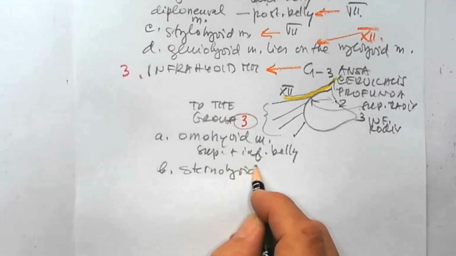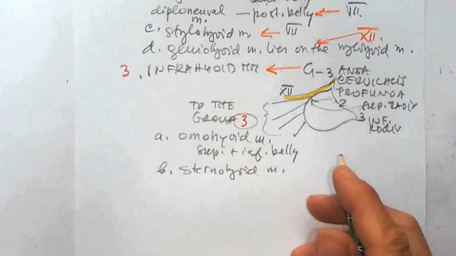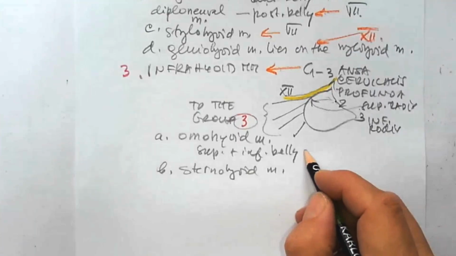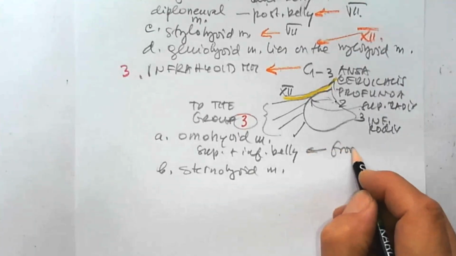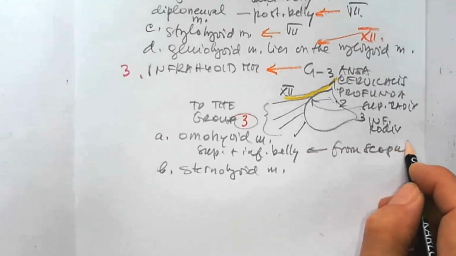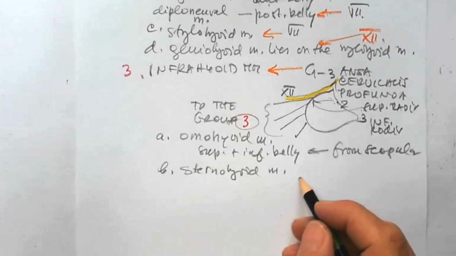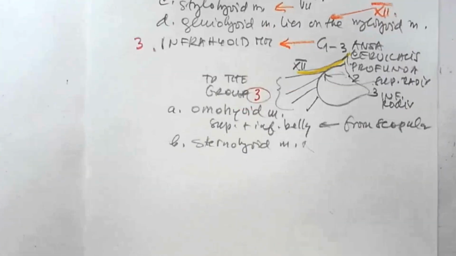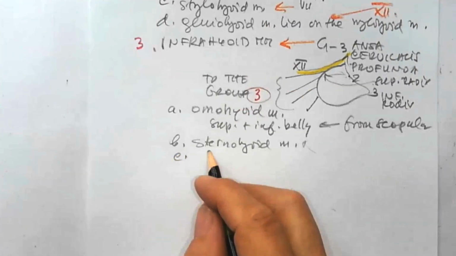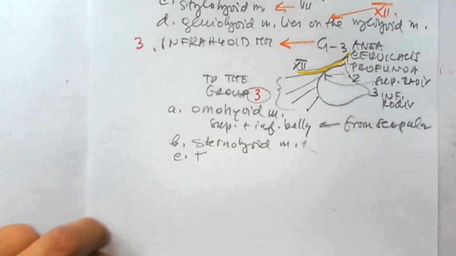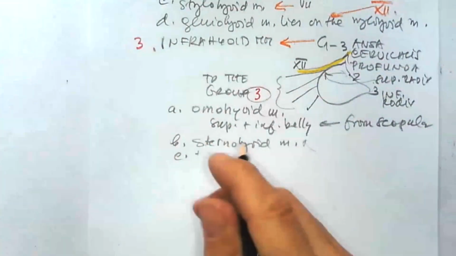Then sternohyoid, the most medial muscle. Omohyoid, I haven't mentioned, it runs from the scapula. Sternohyoid, from sternum to hyoid, running anteriorly, superiorly. Then the next one is the sternothyroid.